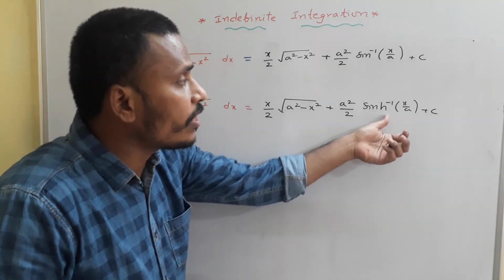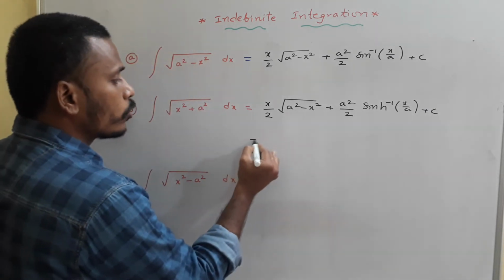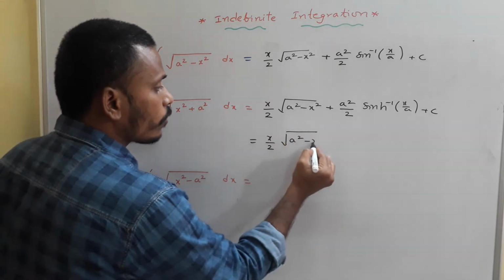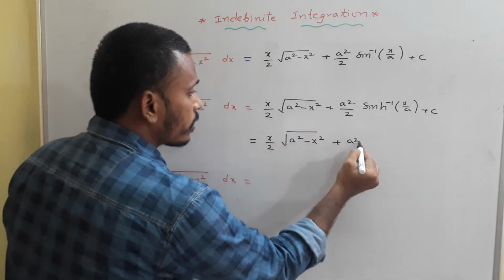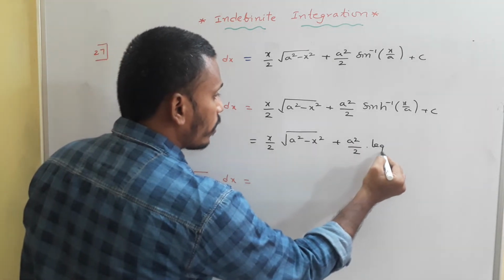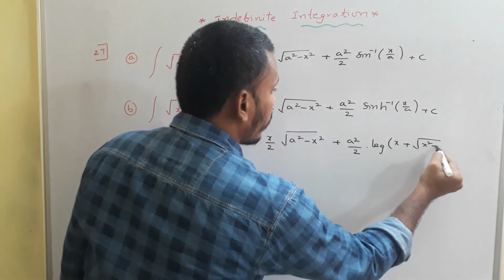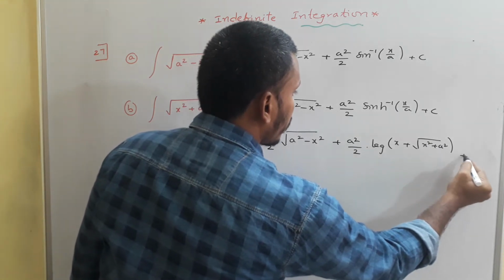We need to rewrite this sine h inverse using logarithmic form. So this is again equal to x by 2 into root of x square plus a square plus a square by 2 into logarithm of x plus root of x square plus a square plus c.